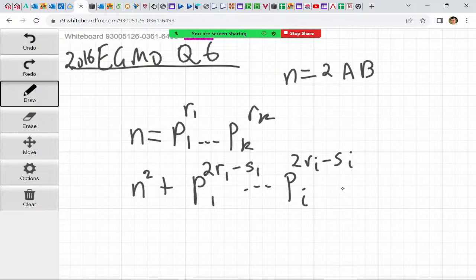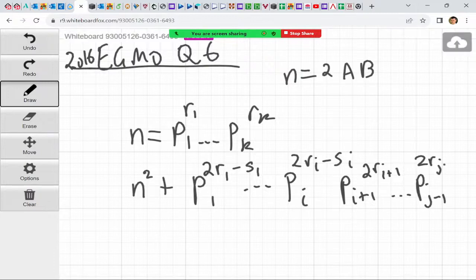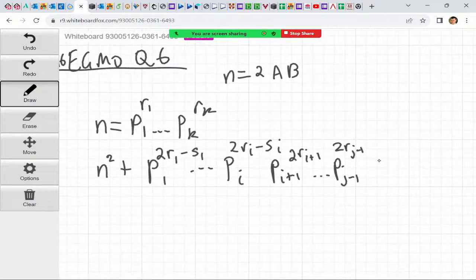And then there's the stuff in the middle that doesn't get changed, and then there's the stuff at the end which gets added on, yeah?